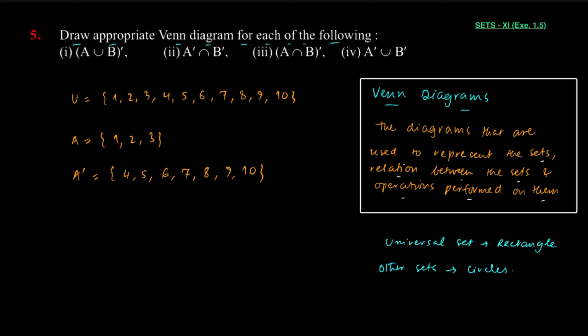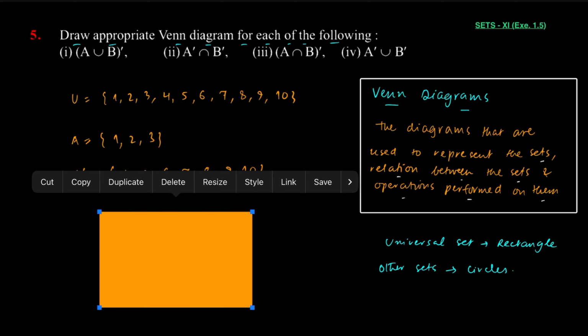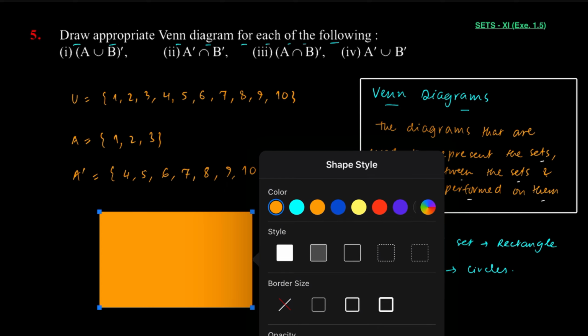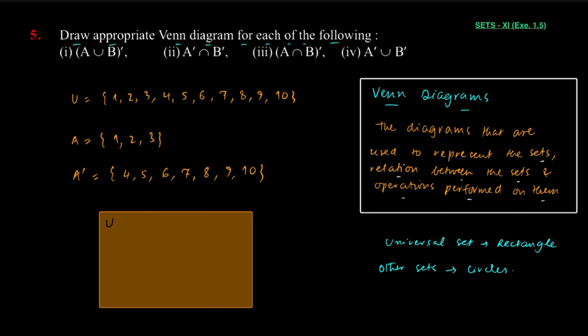Now let us try to represent the complement of a set using a Venn diagram. Here again, let us suppose this rectangle represents our universal set. This set has elements as 1, 2, 3, 4, 5, 6, 7, 8, 9 and 10.